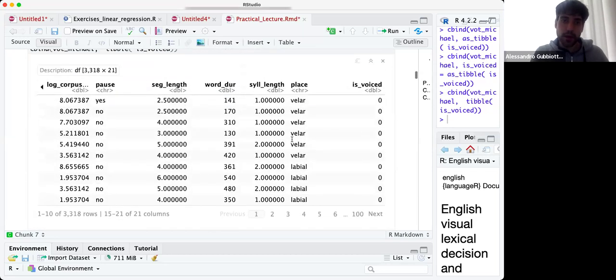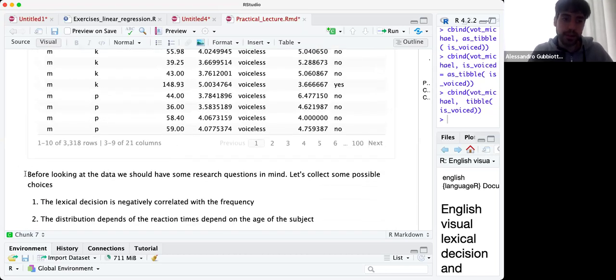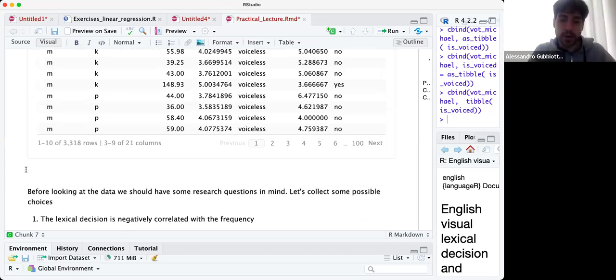Now the is voiced variable and the voicing variable tell us the same thing, but is voiced is numerical, and we can do the linear regression. We can assume that the vocal onset time is equal to beta zero, an intercept, plus a slope times this variable is voiced.